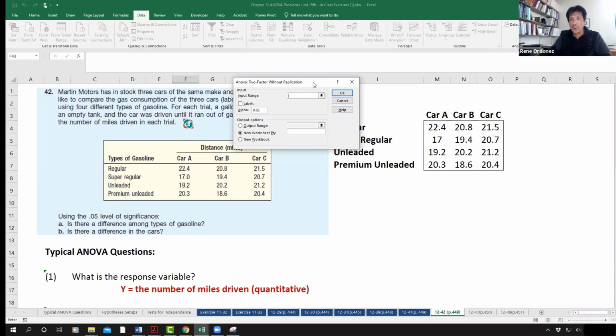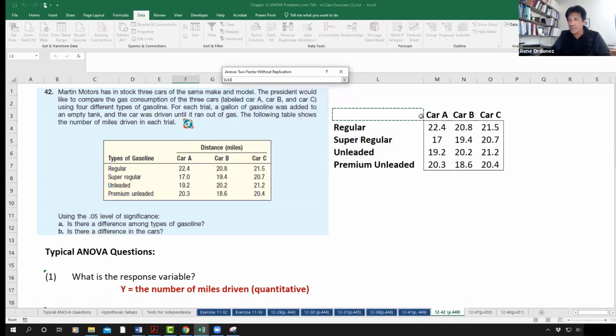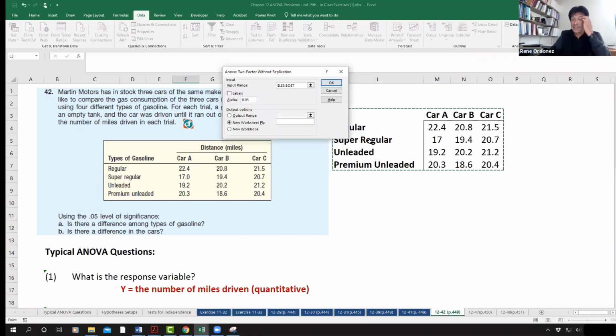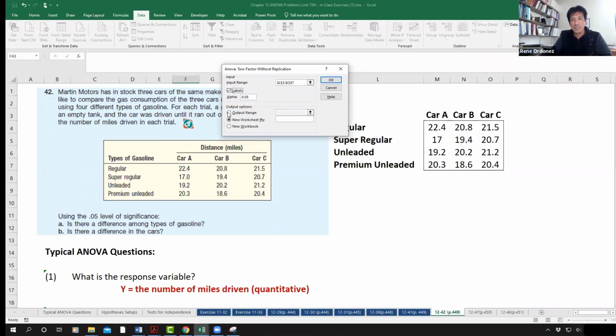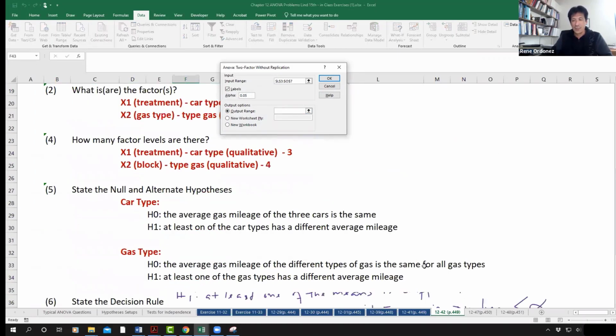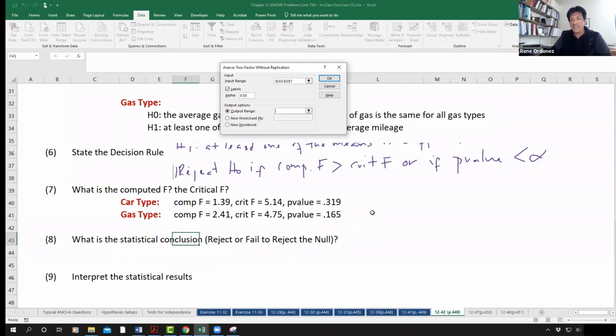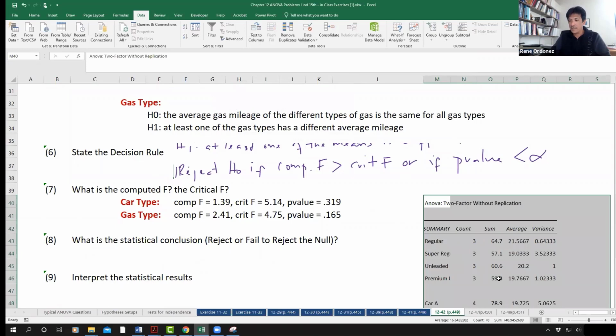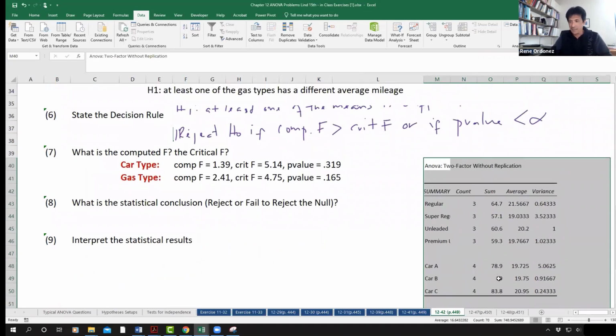Well, the input range, we will declare including the row names and column names. Okay, so I select this, labels. And the alpha is at 0.05, and the output range, let's put the output maybe over here, so we're closer to these computed values. Click OK. Here's the output generated by Excel.